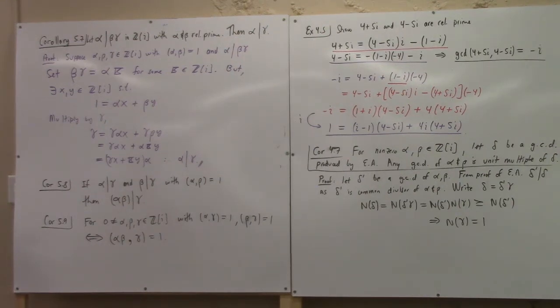At this point, he points out that there are multiple ways to describe the greatest common divisor of non-zero integers. He says it's the largest common divisor of a and b, which is the usual definition in the integers.